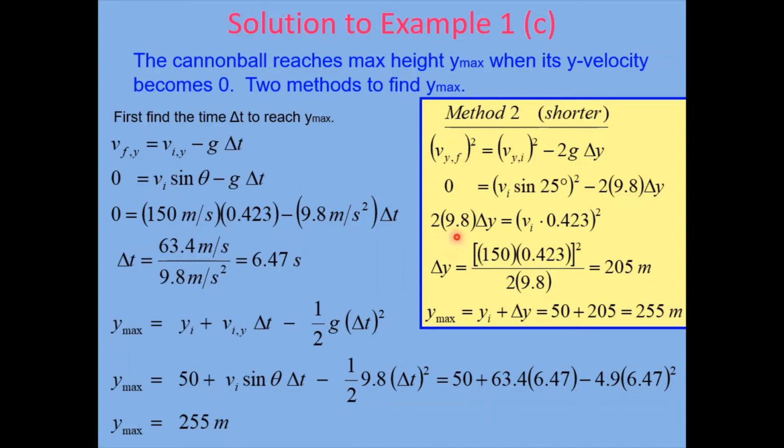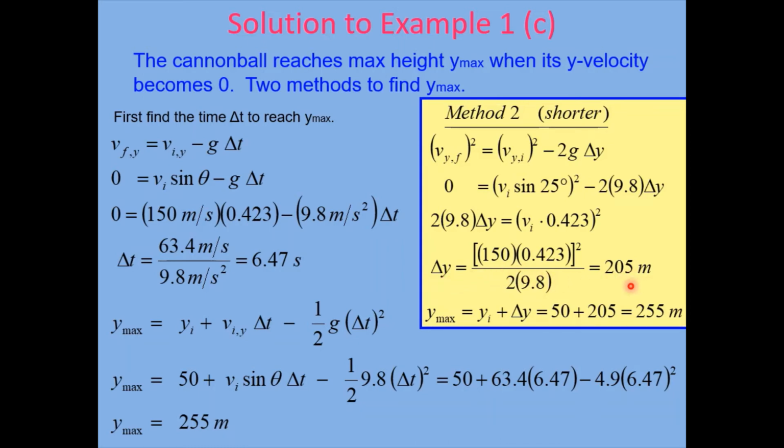So we have 2 times 9.8 times delta y equals vi times 0.423 all squared. To solve for delta y, we are going to divide by 2 times 9.8. You can see that down on the bottom here. I've also plugged in for vi. Remember, our initial cannonball velocity is 150 meters per second. Okay, so we can tap this out on our calculator, and we'll find out that the displacement of the cannonball to reach the peak is 205 meters.